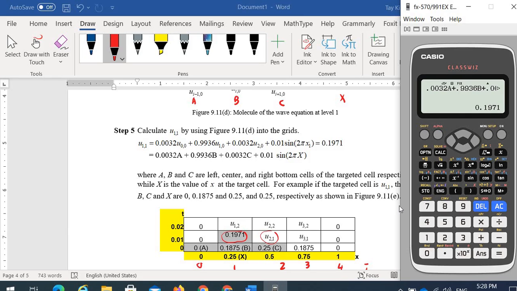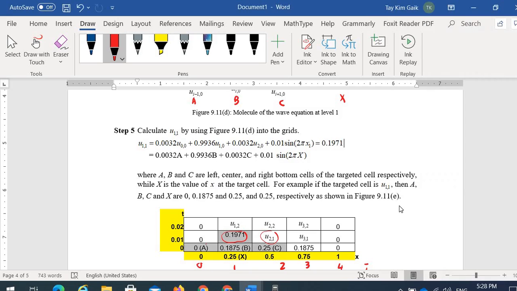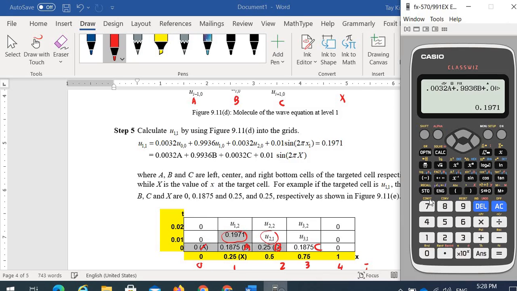So to calculate U21, A will be here, this will be B, this will be C. So calculate again, just change A, B, C. Just need to change A, B, C. So A is 0.1875, B is 0.25, C is 0.1875.